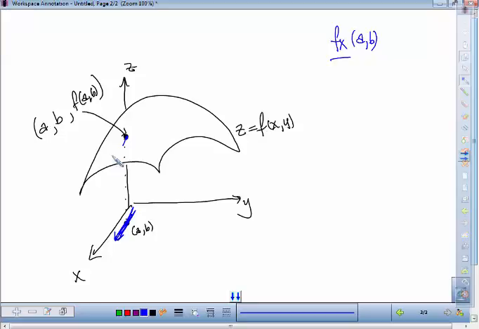Okay? Now, to get a closer look at it, what I'm going to do is cut this with a plane that's parallel to the xz plane. So let's take a look at that.